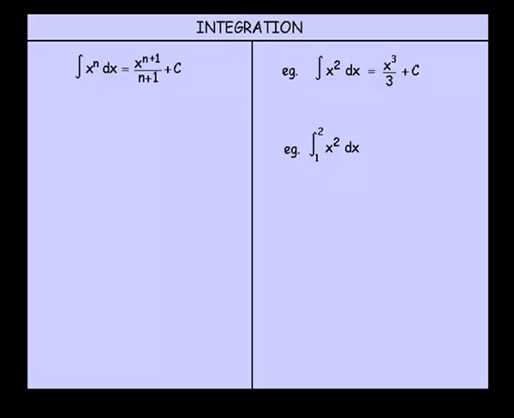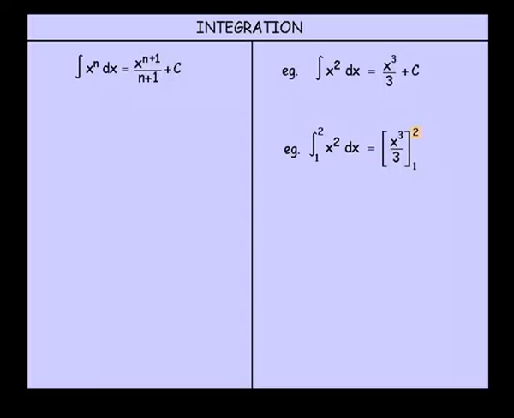A definite integral involves what's known as limits. So same example, but we have this 2 and 1 as our limits. So the integral of x squared, okay, as before, x to the power of 3 over 3. And then because we have these limits of 1 and 2, we use the brackets. We put the 2 and the 1. And then what we do now is to substitute.